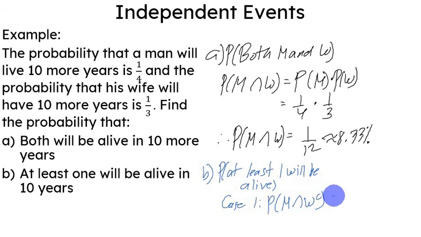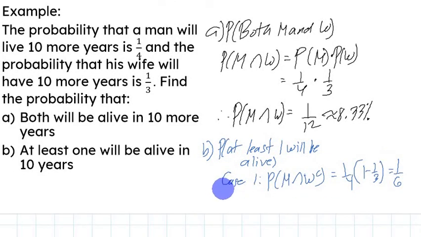The probability the man is alive is 1/4, while the probability that the woman is not alive is 1 minus 1/3, which is 2/3. So the product is 1/6. Let's write it here. Then case 2 will be the probability that the man is not alive but the woman is alive.